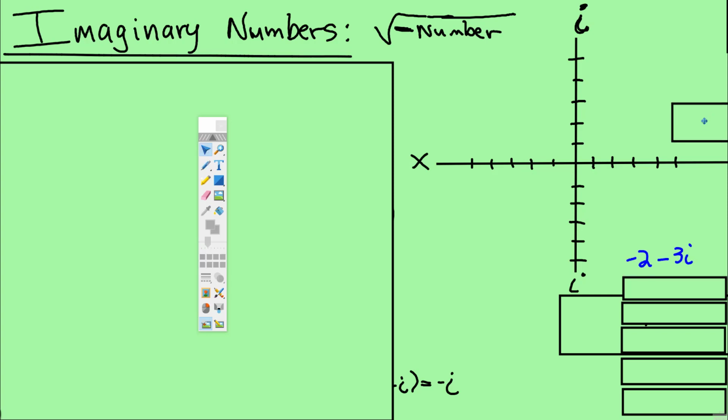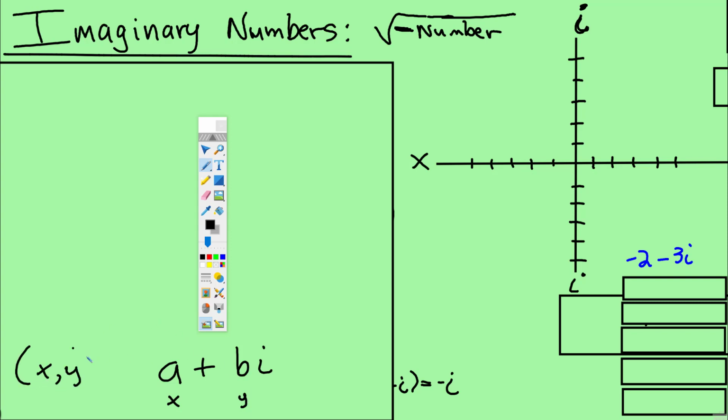So these examples, the complex numbers, are in the form a plus bi. Think about a going along as the x value and b as the y value. Imagine that a plus bi looked like x comma y.